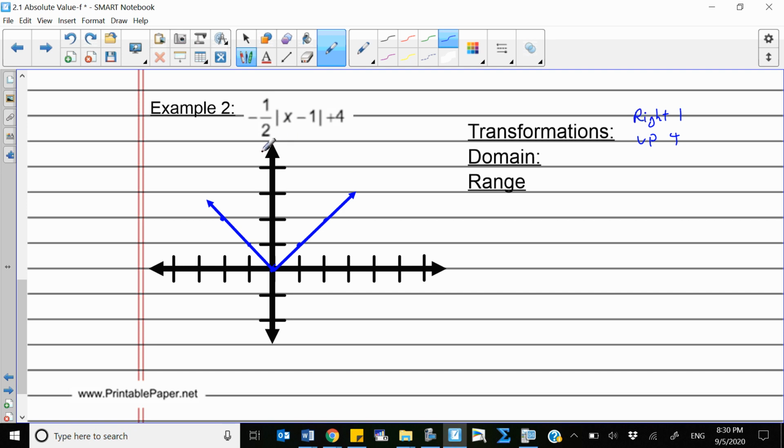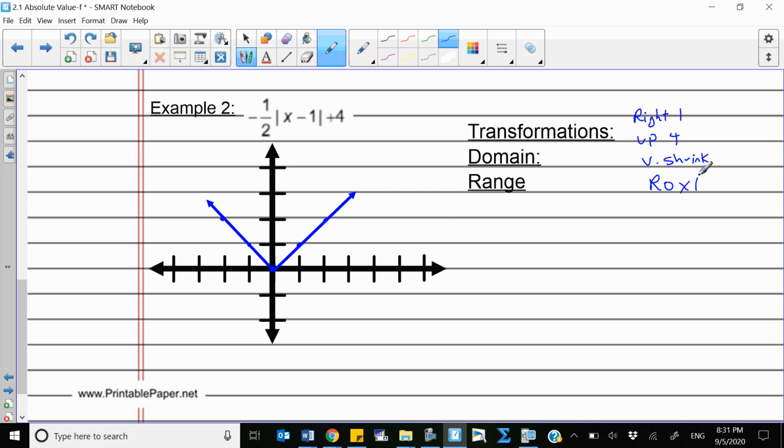Then we have 1 over 2 multiplied by the function. This is a value between 0 and 1, a number less than 1, so it's going to be a vertical shrink. So a vertical shrink is happening here by a scale factor of 1/2. And then we also have a negative here, that is a reflection over x-axis.